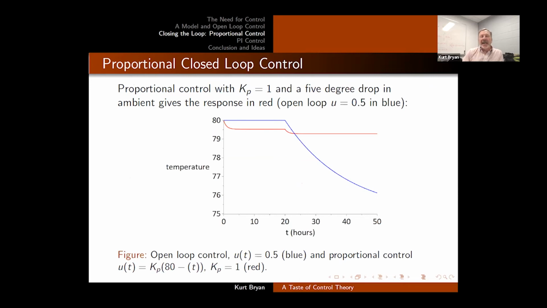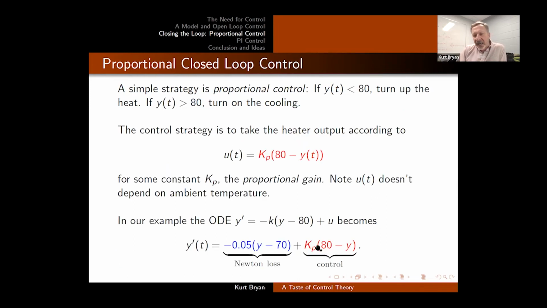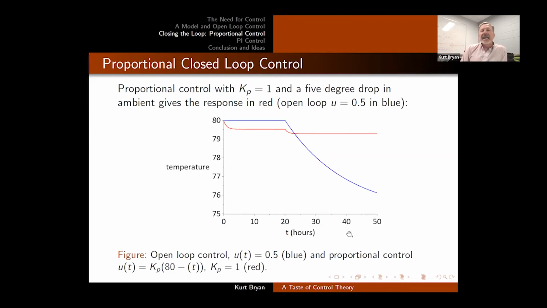I'm going to take K sub P to be 1, just to pick something. Here I show two scenarios. Number one in blue is the no control strategy, the open loop strategy, where the lab is at 70 degrees, the heating element is set to 0.5, and it just stays at 0.5.